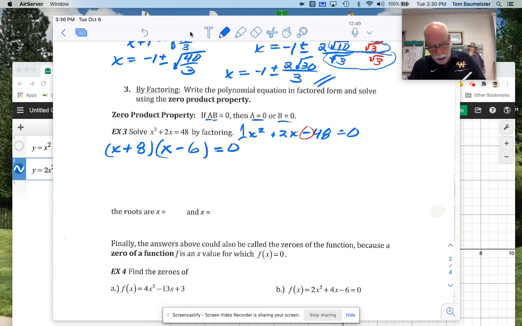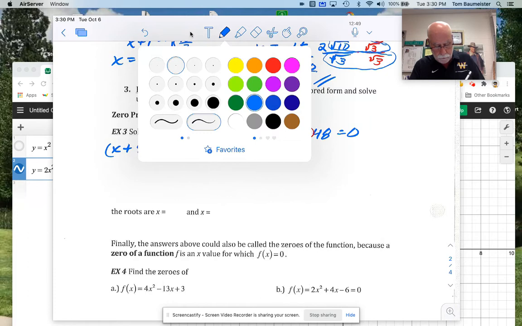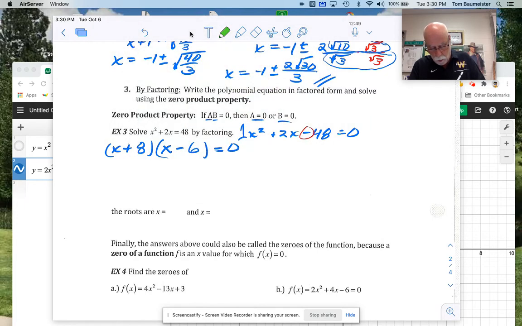If this one here was positive, then I would tell you to look at this one here. And if it's positive, both of them will be positive. If that one's negative, they'll both be negative. All right, that'll help you with your homework.